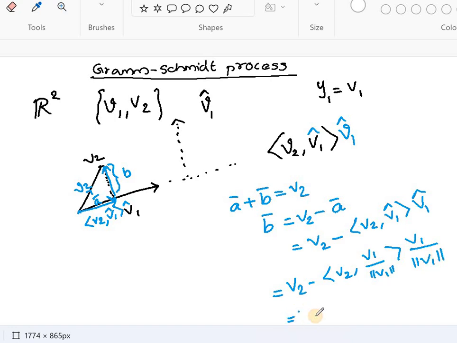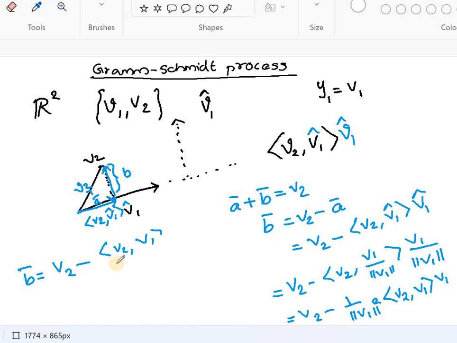So that is nothing but v2 minus, 1 by norm v1 is a constant, it can be taken out of the inner product. So 1 by norm of v1 into inner product of v2 with v1, times v1 by norm of v1, which again is there, so I'll put it as the square of norm v1. So you have b bar equal to v2 minus inner product of v2 with v1, which is a scalar, divided by length of v1 squared.